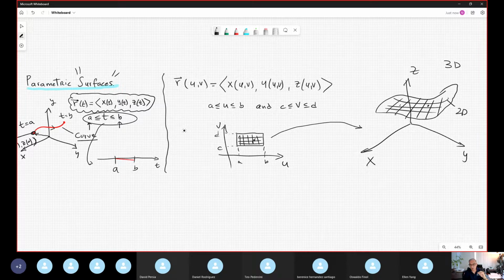A surface has length and width, but not height. The thickness is zero. And you convert this surface that is curvy into one that is completely flat, in another domain, UB.